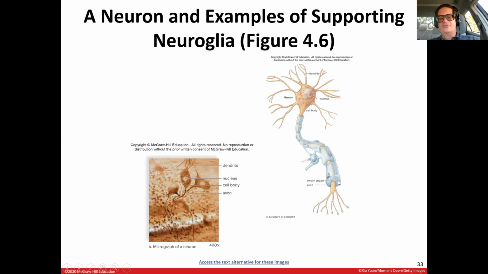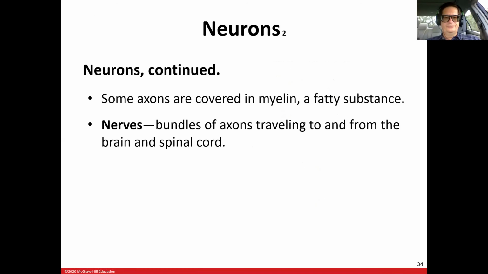What it is, that cell grows around the axon. And so what you're left with is a layer of membrane that makes it really difficult for ions to get across the wall of the axon at that location. All right, let's move on.